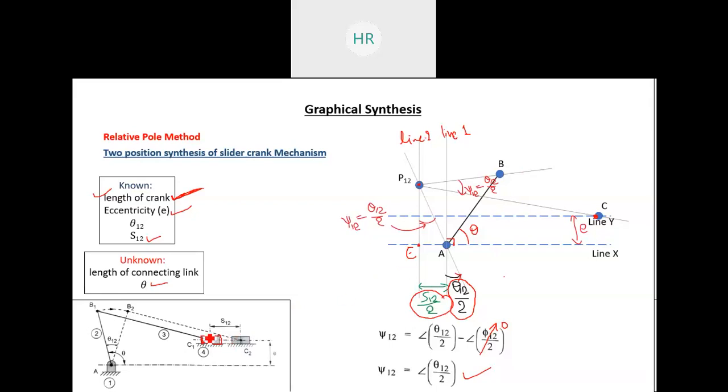So now we have point A, point B, and point C. So simply connect these points, that will complete our mechanism.